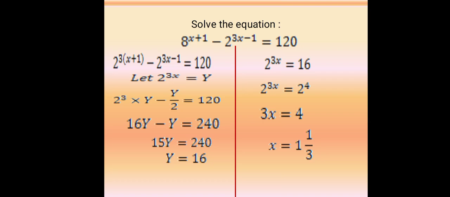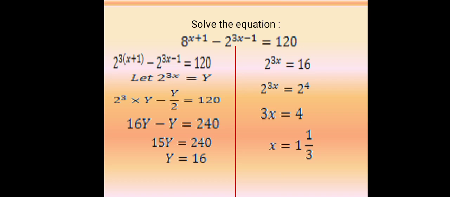So the other side we multiply by 2 to have 16y minus y is equal to 240. We simplify further, 16y minus y is 15y is equal to 240. So y is equal to 16.